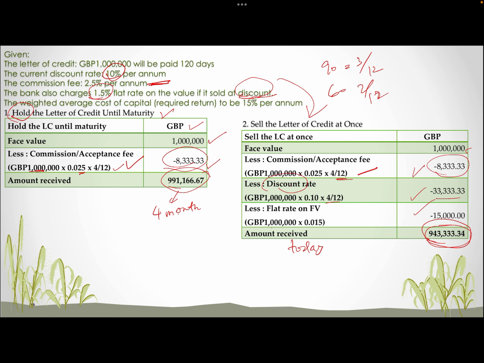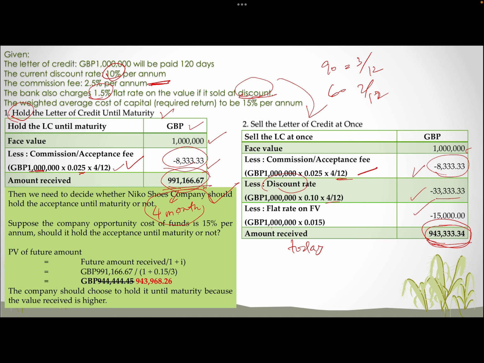If we just compare these, we would simply choose the option to hold until maturity. But it's not fair, because this value is after 4 months and this value is for today. So you have to calculate the present value. This one is the value after 4 months; you have to calculate this value today.